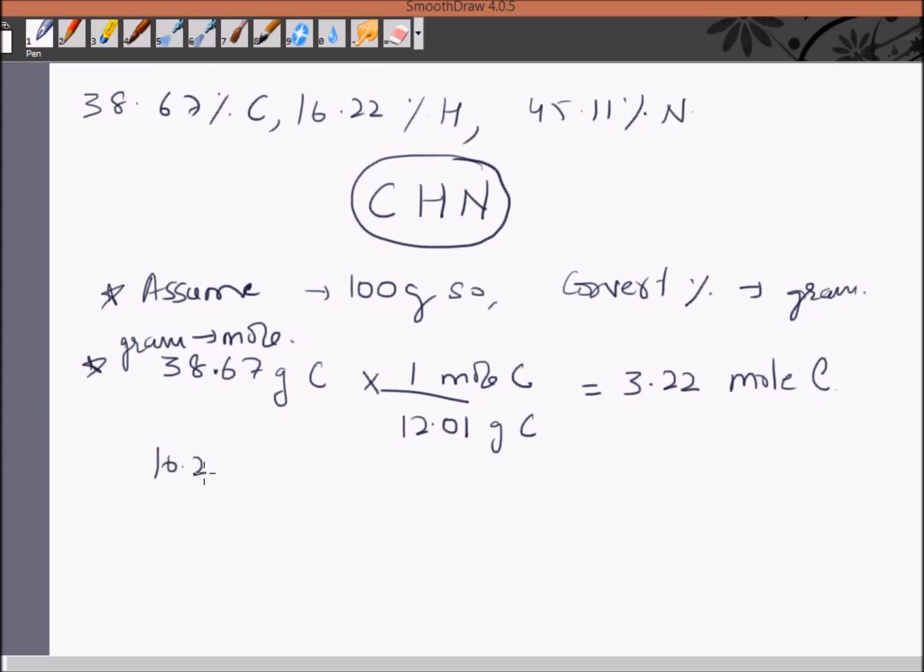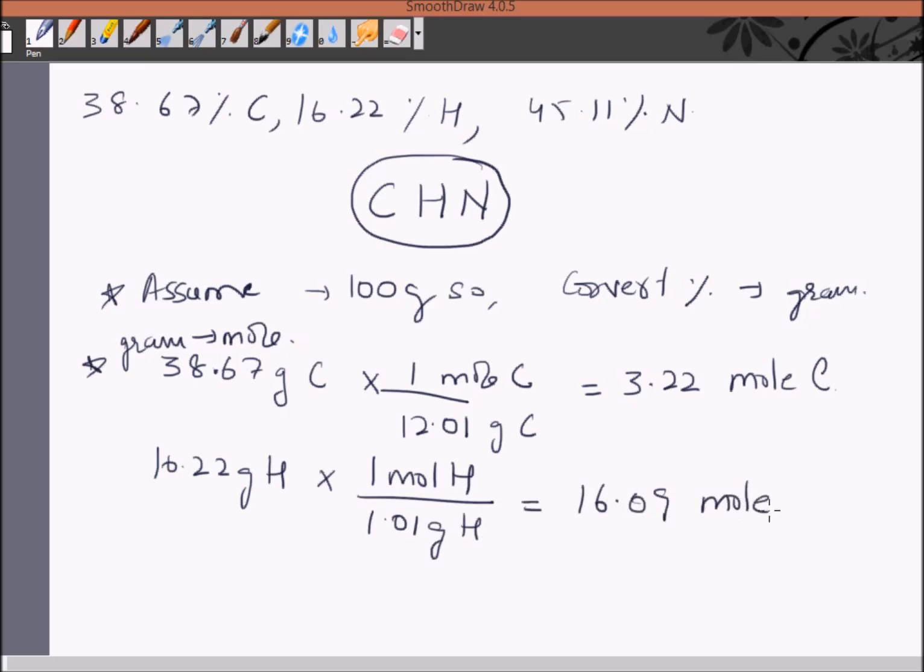Similarly, 16.22 grams of hydrogen into 1 mole of hydrogen upon 1.0079 grams of hydrogen, which gives 16.09 moles of hydrogen.